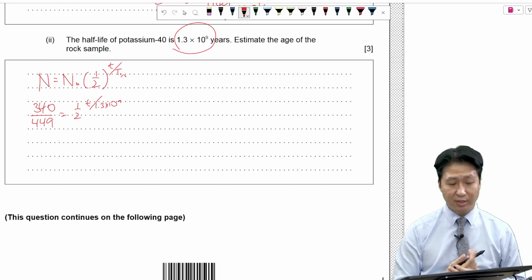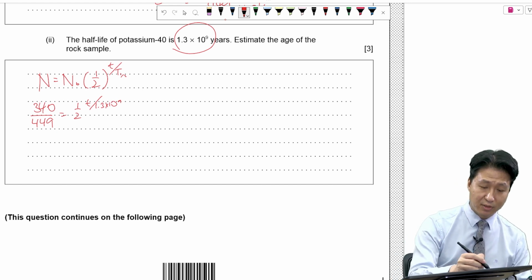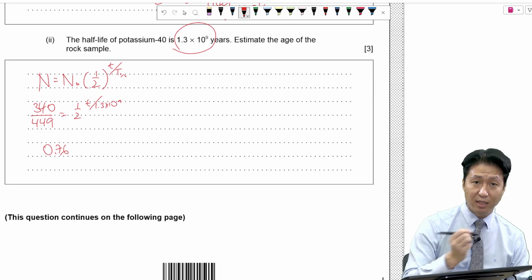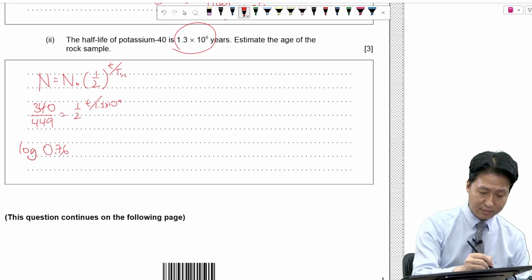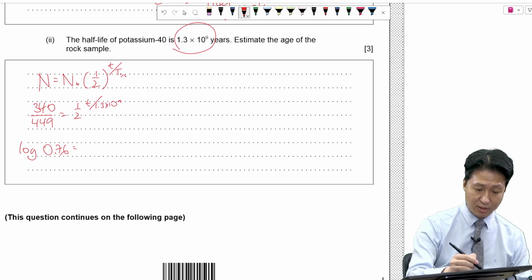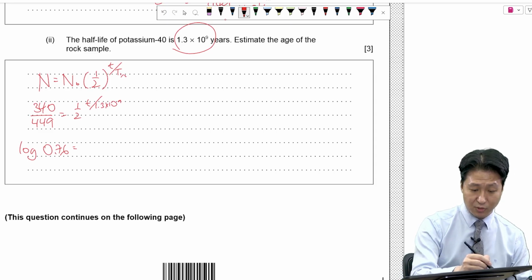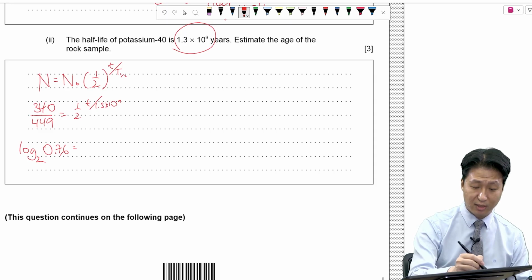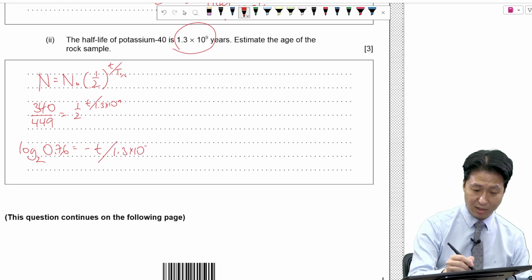You should use logs for this. So this is 0.76, and you take the log of both sides. Which base it is doesn't really matter. Let's use base 2, because if you use base 2, you can get negative t divided by 1.3 times 10 to the 9 years.